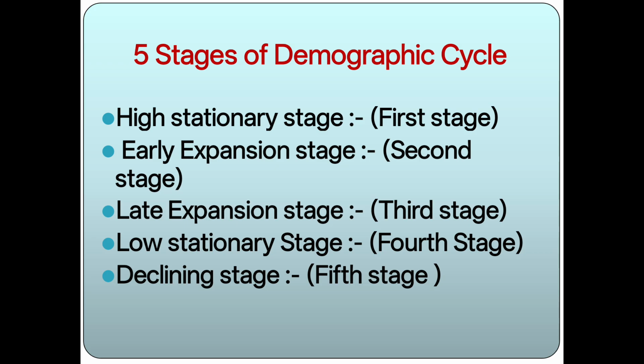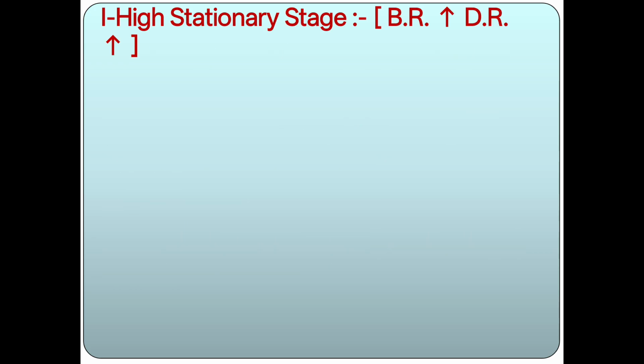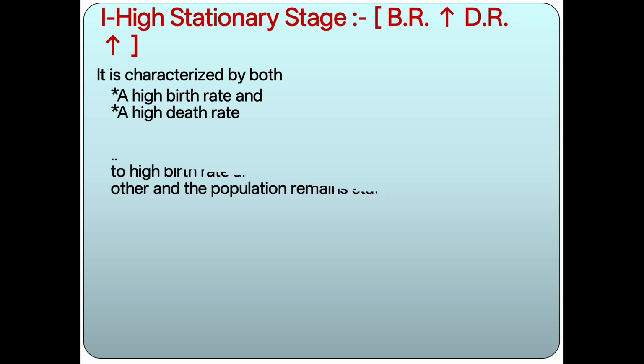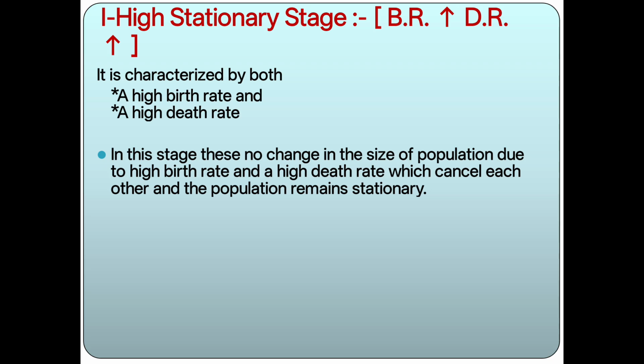We'll see each. High stationary stage. You look at this, BR high, DR high, which means it is characterized by both a high birth rate and a high death rate. So in this stage, there is no change in the size of the population due to high birth rate and high death rate, which cancel each other and the population remains stationary.